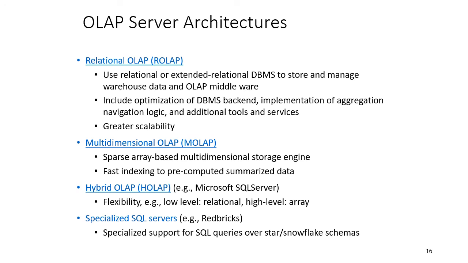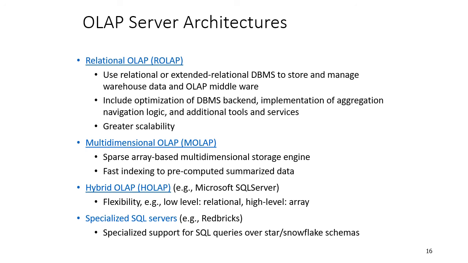Now we'll talk about OLAP server architectures. There are basically three: relational, multidimensional, and hybrid. Relational OLAP uses relational or extended relational DBMS for storing and managing the data. It also includes optimization of DBMS at the back end and implementation of some aggregation and logic functions in addition to the tools and services, and it offers greater scalability as compared to a simple DBMS server.